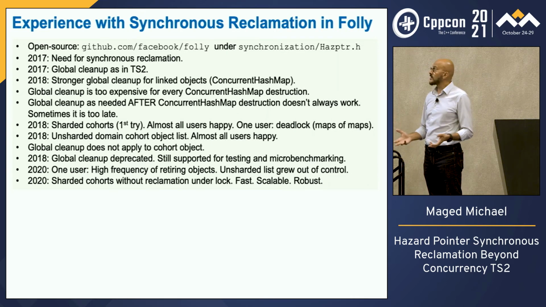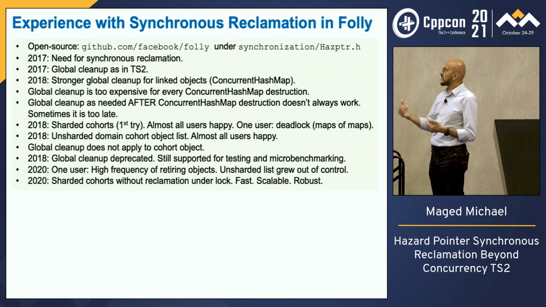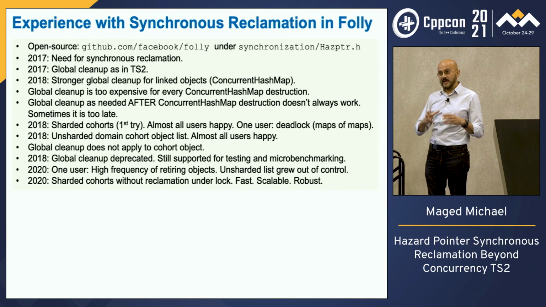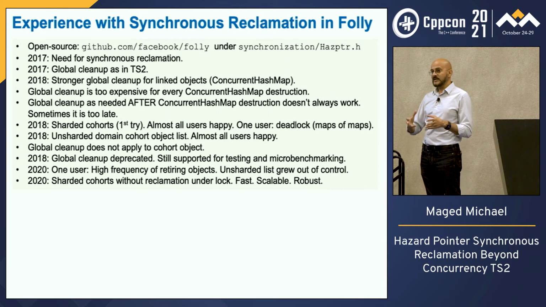It arose that we need synchronous reclamation. Then we used global cleanup as in TS2. That was because we needed stronger cleanup for linked objects. And then it's just too expensive. We couldn't include a global cleanup in every destructor of a concurrent hash map. It's just too expensive.